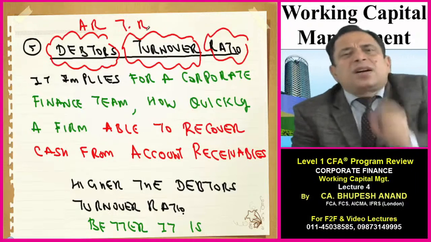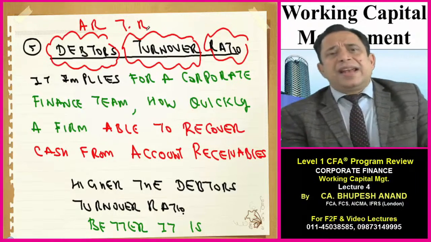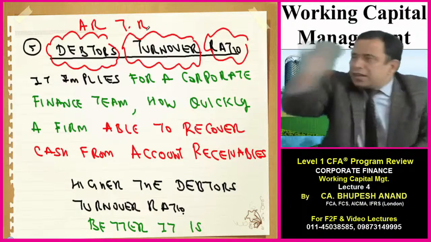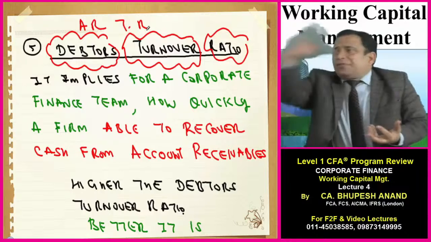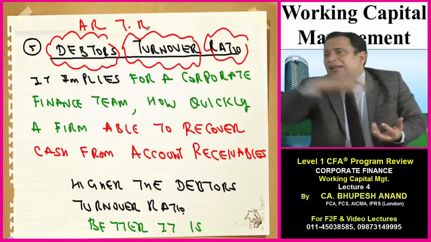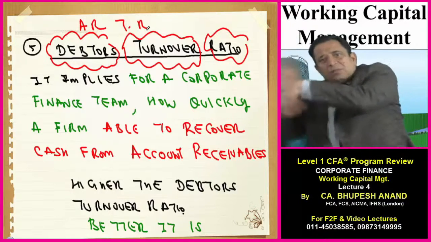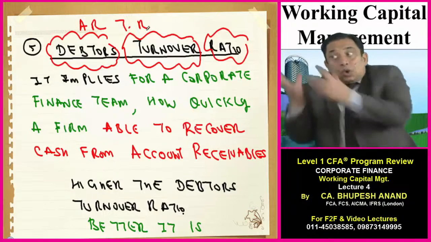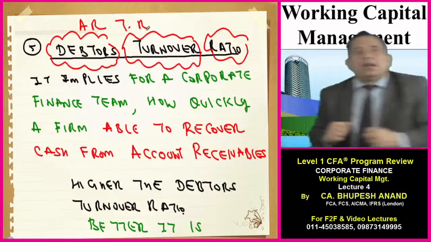Now, what is the meaning of accounts receivable? It means an entity is selling goods on credit to customers for a credit period. After expiry of that credit period, those customers will pay this entity. Those are named accounts receivable.